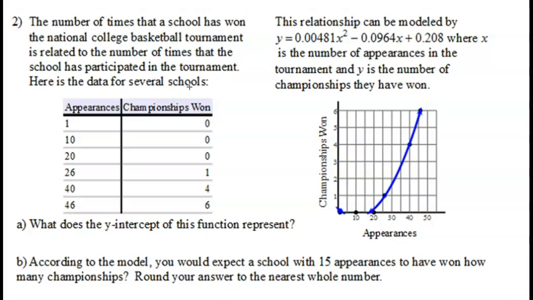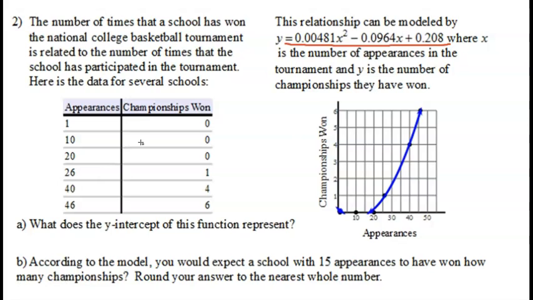Here's the data for several schools. This relationship can be modeled by y equals 0.00481x squared minus 0.0964x plus 0.208, where x is the number of appearances in the tournament and y is the number of championships they have won.